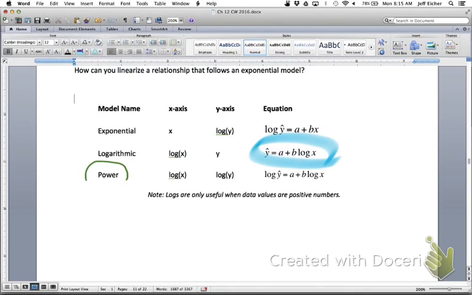The hardest one to see is probably the power model. How in the world would you get something like this when you start with y equals ax to the b? How does this become something like that?